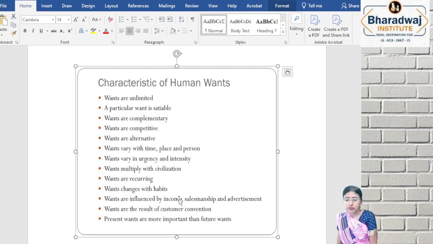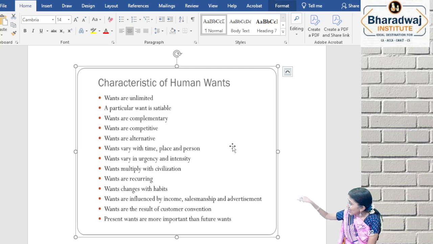Then wants multiply with civilization. Wants are recurring and wants change with habit. Wants are influenced by income, salesmanship, and advertisement. Wants are the result of customs and conventions, and present wants are more important than future wants.